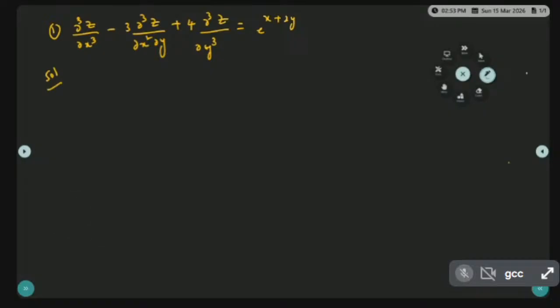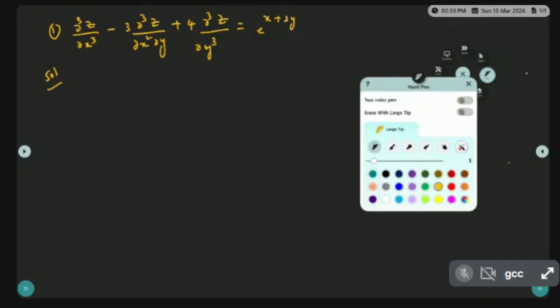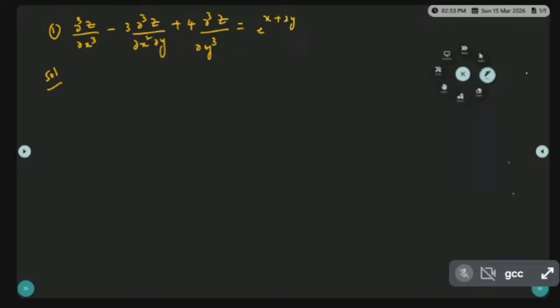Convert into operator form and find the complementary function.